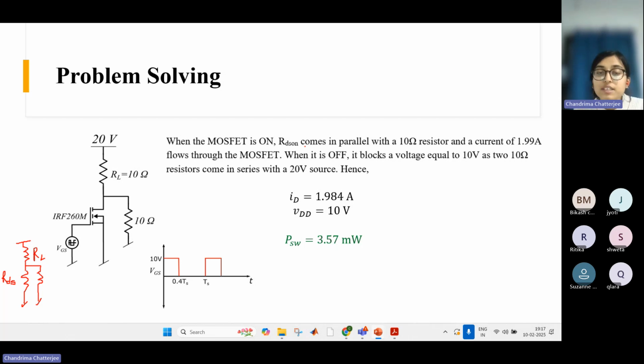And from the data sheet, if you just see the data sheet here, the RDS on value is here. RDS on is... Sorry.